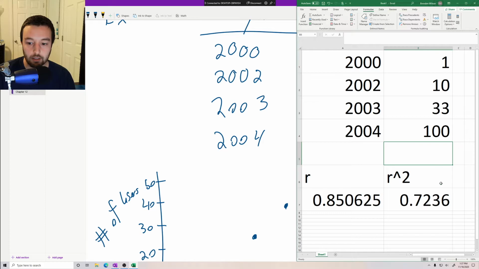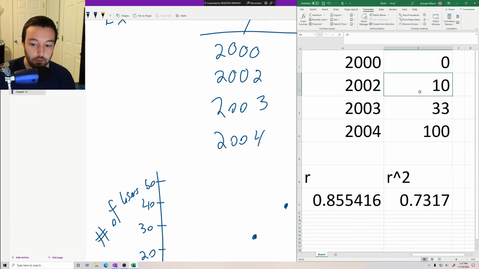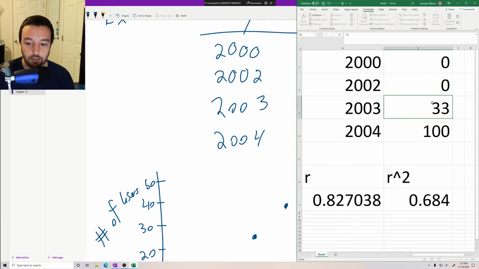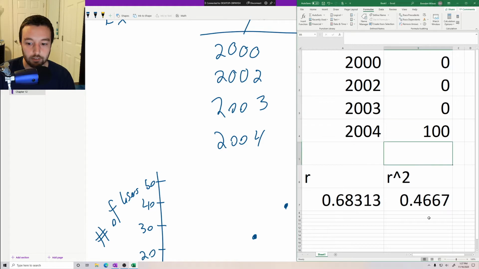Now it's just barely strongly correlated, but it still is. If we make this 0 and this 0 and this 0 and now this is 100, the data is not very correlated at all. There's less than a weak relationship between them. This is the point where we really wouldn't even be looking for a linear relationship anymore.